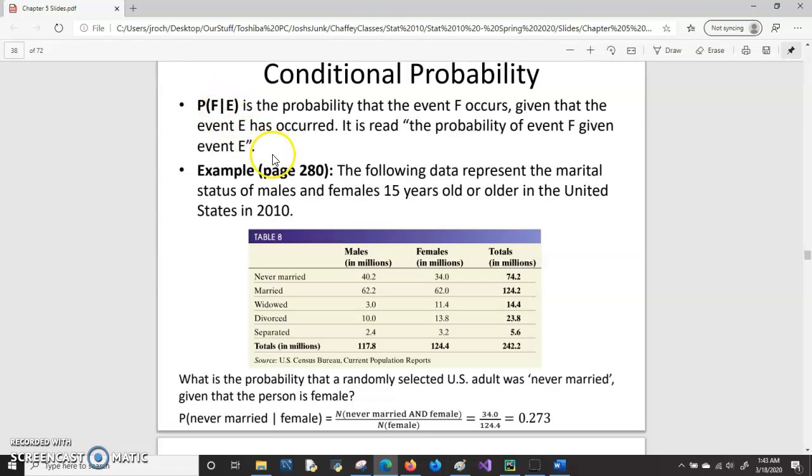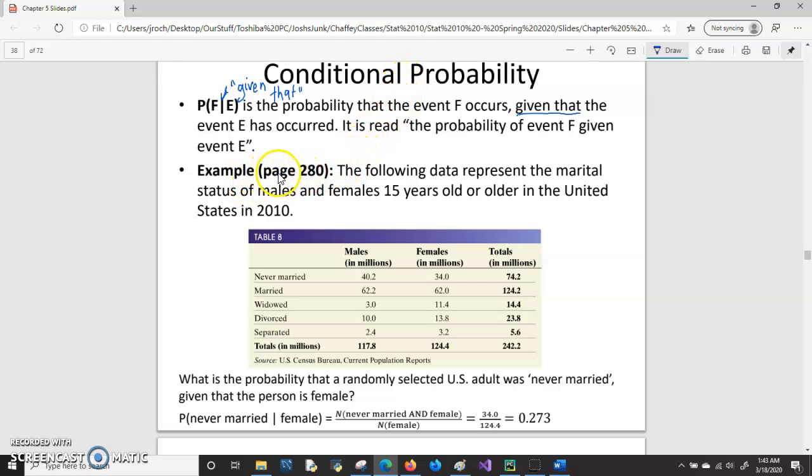So when you see that slash, it stands for that phrase, given that. And in the problem, if you see that phrase, given that, then you're going to calculate a conditional probability.